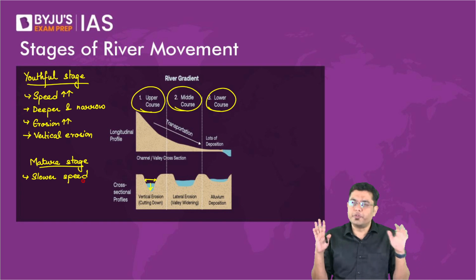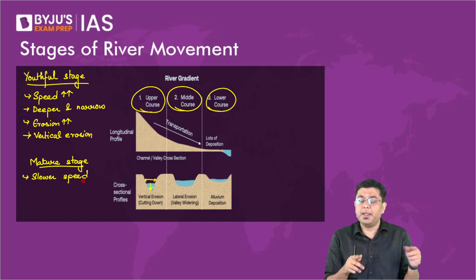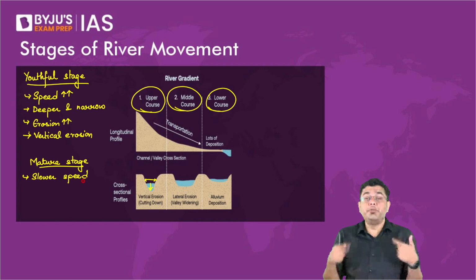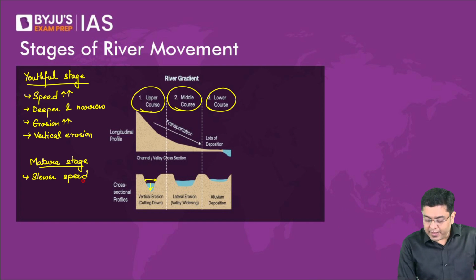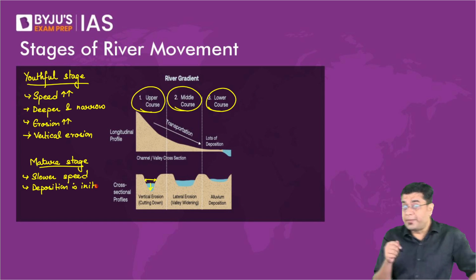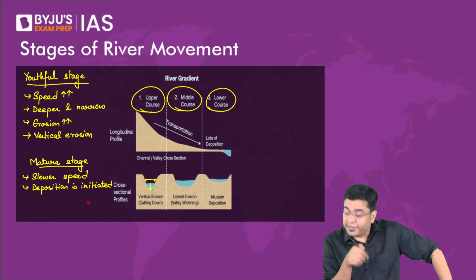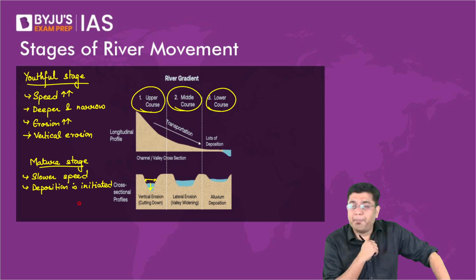Earlier, deposition was not happening, not significantly. Now deposition will be initiated. But the speed is still significant. It is not as if the speed has died down. You still have energy, and that means erosion will happen.